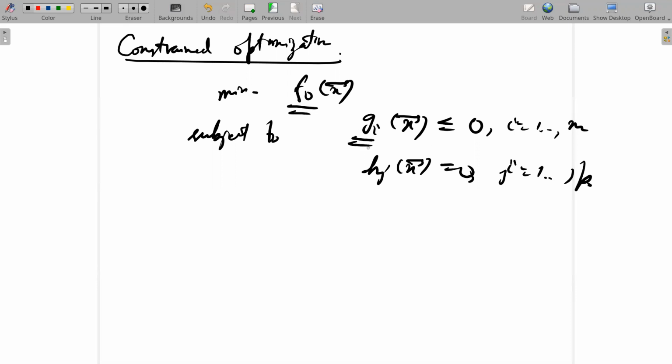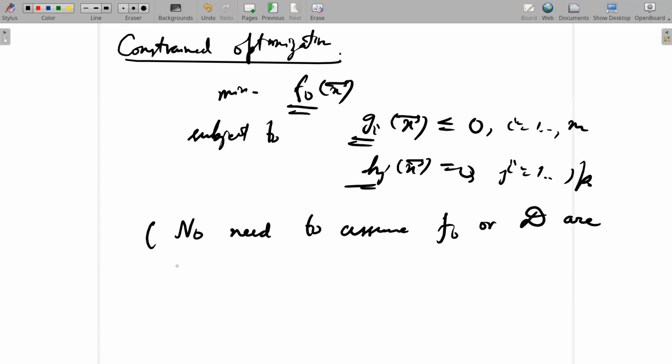For linear programming, remember all of these are just linear. The cost function is linear, this inequality constraint is linear, this equality constraint is linear. So just to emphasize, there is no need to assume that f naught or D, the set we're calling D, the decision space, are convex.